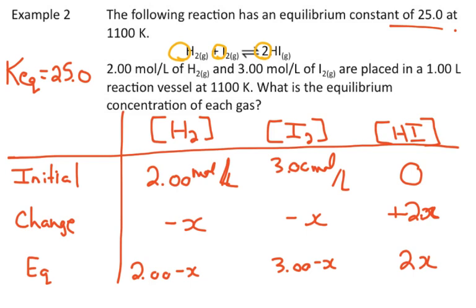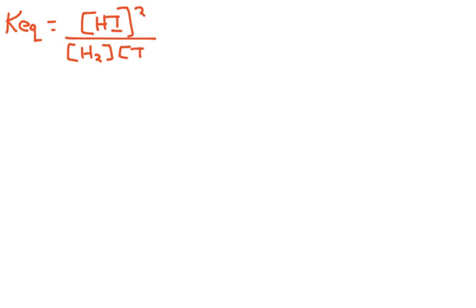Now we can take a look at the KEQ equation, products over reactants. So concentration of HI squared. Remember that when we create the KEQ equation, coefficients on compounds become exponents in KEQ. So the fact that we had 2 HI means that our KEQ equation will have HI squared. Reactants are H2 and I2.